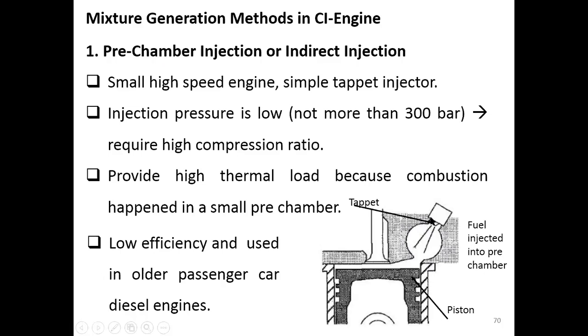And since the chamber is small, you can expect that this chamber will experience a high thermal load here. And because of this, the engine will give us a low efficiency, and you can see it in the old type of diesel car. I don't think they still exist nowadays.